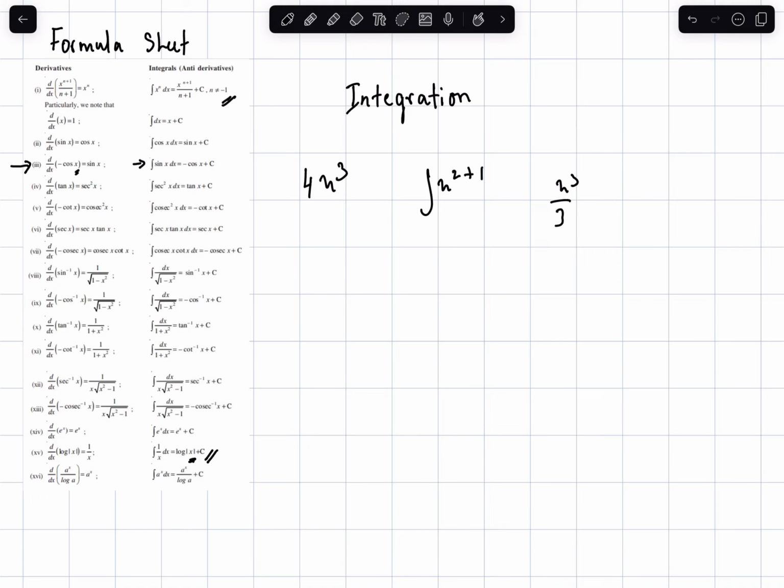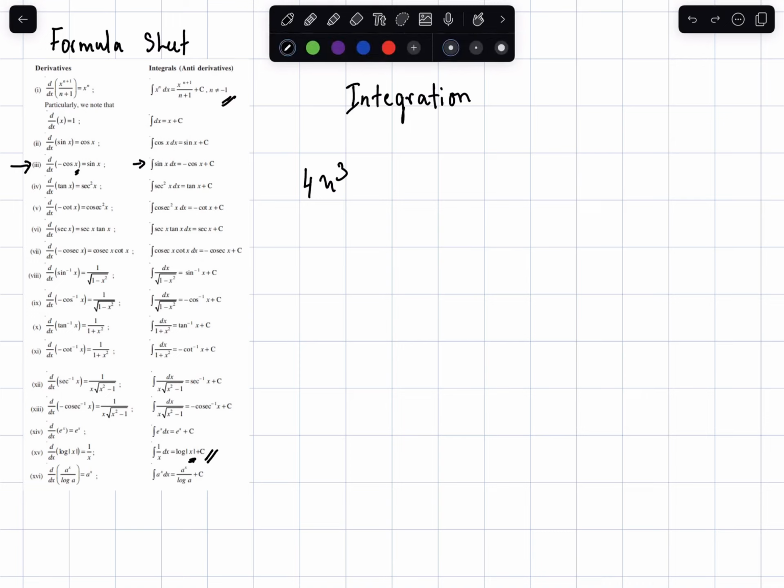But what about, I'm sorry, I've made a mistake. I'm not figuring out where I made a mistake. Oh yeah, we're doing the method of inspection. I'm sorry. So what we have to do is very simple. Don't worry about the constant.